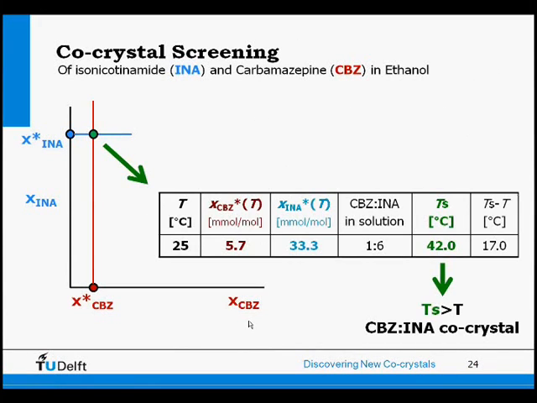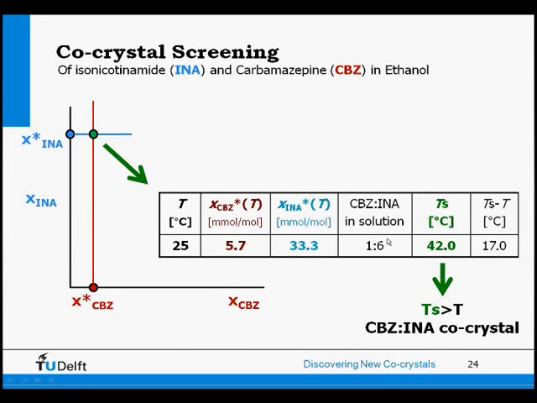So that's what we did. We took the solubilities of pure carbamazepine and pure isonicotinamide at 25 degrees, and that is 5.7 millimoles per mole for carbamazepine and 33.3 millimoles per mole for isonicotinamide. That is actually a ratio of 1 to 6 in the solution, so you need an excess of isonicotinamide.